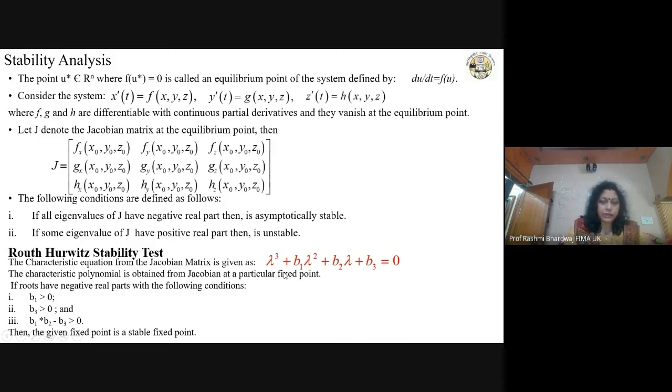If we are finding the fixed point this way, and if b1 is greater than 0, b3 is greater than 0, and b1 b2 minus b3 is greater than 0, then if all these three conditions are satisfied, it is a stable fixed point, but the roots should have negative real part only. Then only this is a stable fixed point.